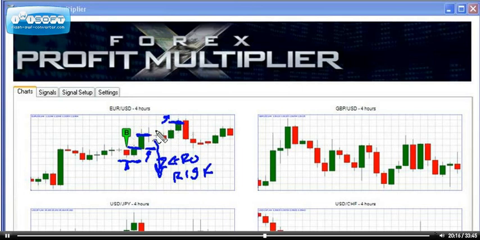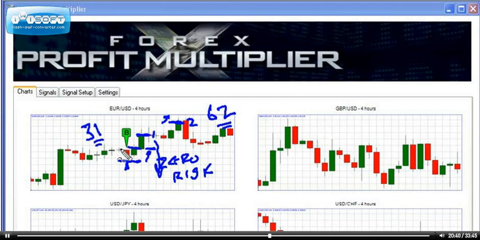Here's profit target 1, profit target 2. Okay, well, the market stalled out here, but then it had another move up and took out that second profit target for even more profit. In this case, 31 pips on the first profit target and 62 pips on the second.